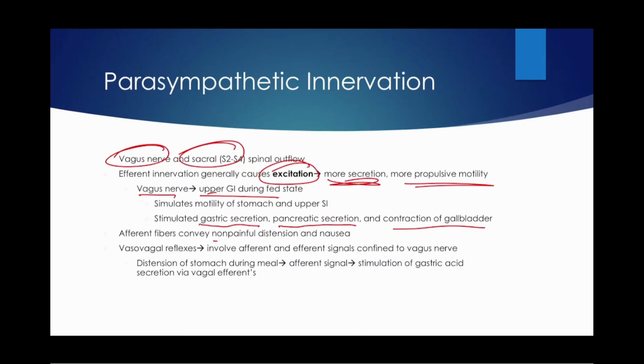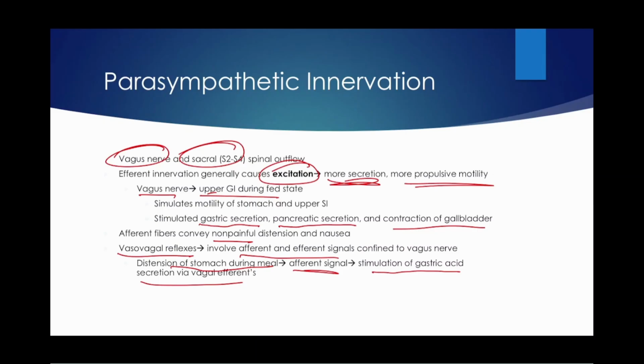Afferent fibers: non-painful distension and nausea. Non-pain is parasympathetic. The pain is sympathetic. We have the vasovagal reflexes, which involve afferent and efferent signals to the vagus nerve. So distension of the stomach during a meal stimulates your afferent signal, which stimulates gastric acid secretion via the vagal efferents.